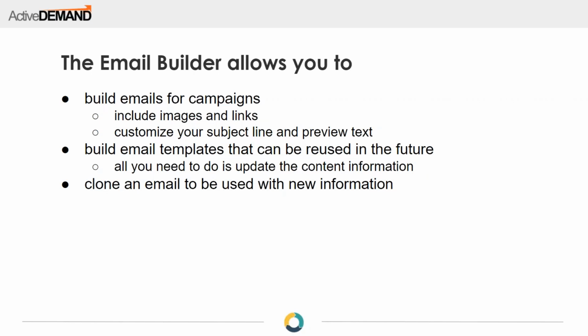You can also build email templates that can be reused over and over again for future campaigns. All you need to do is add image placeholders or text holders and just update the images and content information based on the need of the email and the campaign.